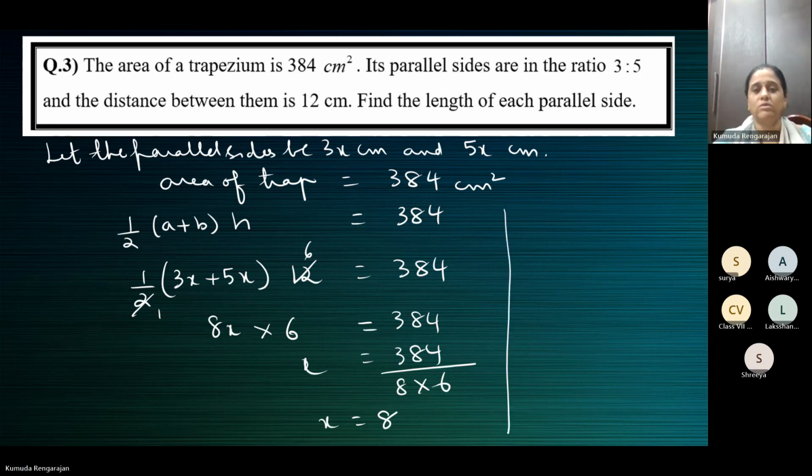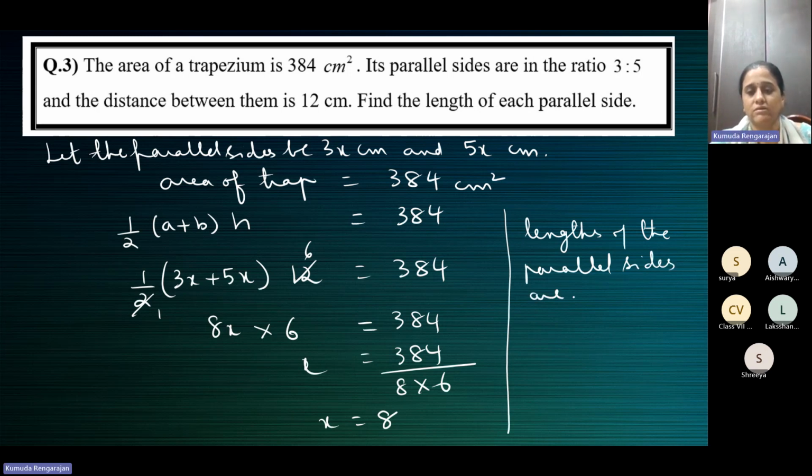Now we need to find the length of each parallel side. The length of the parallel sides are 3x, so 3x, which is 3 into 8, 24 centimeter, 5x, 5 into 8, 40 centimeter.